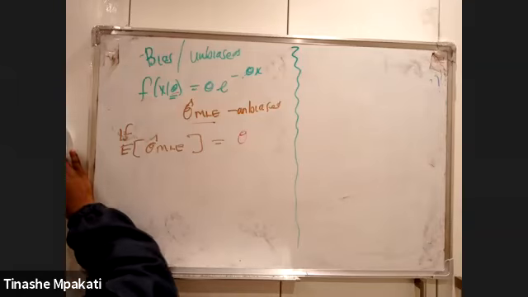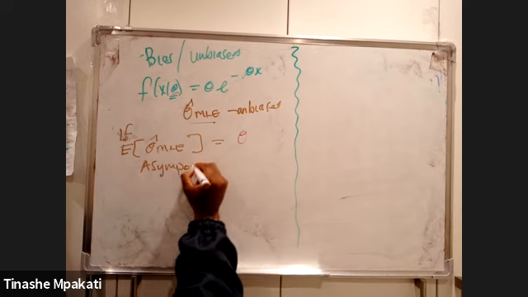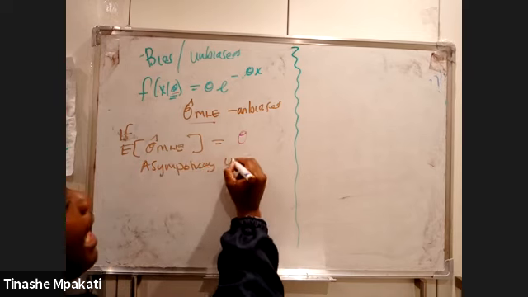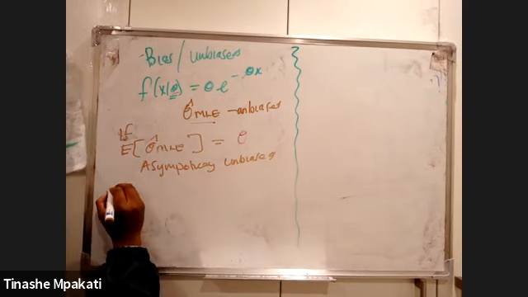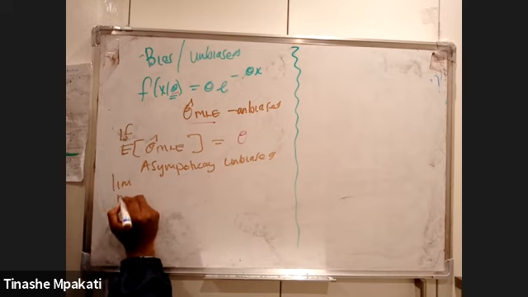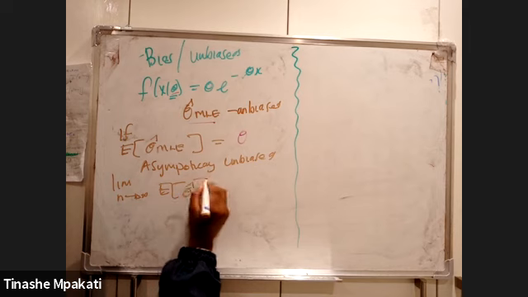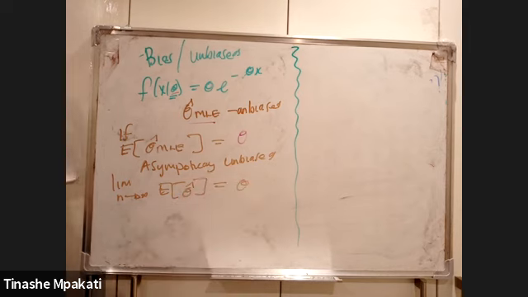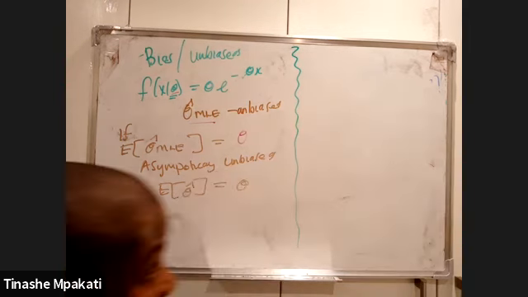As well, we also talk about being asymptotically unbiased. This is true if the limit as n goes to infinity of the expectation of the estimate is just equal to theta. So the difference is that one will be taking a limit.